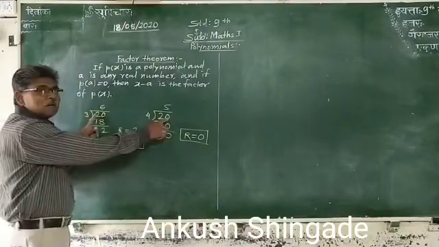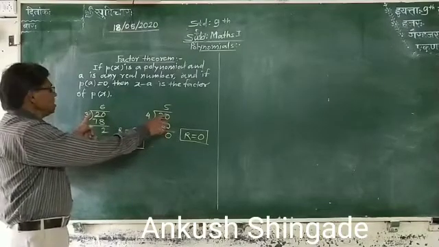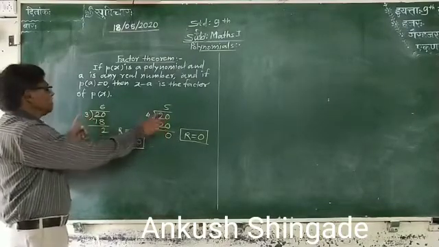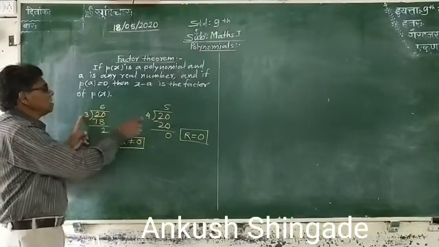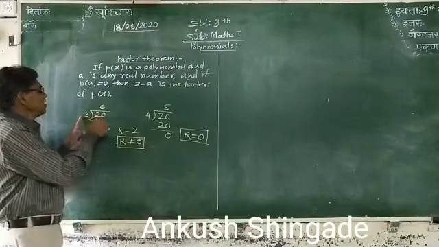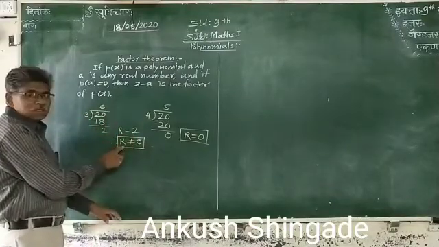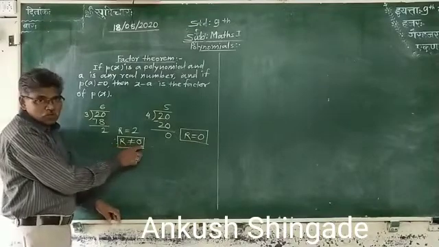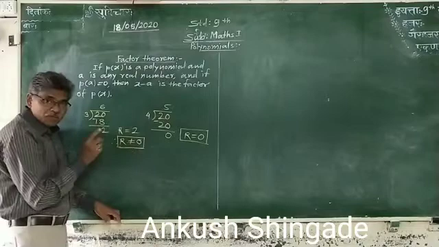Here the dividend in both the examples is the same, but the divisors are different. Here the divisor is 3. If we divide 20 by 3, we get remainder 2, that is not equal to 0. Means remainder 2 is non-zero.